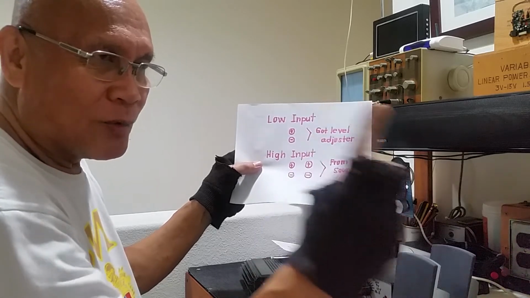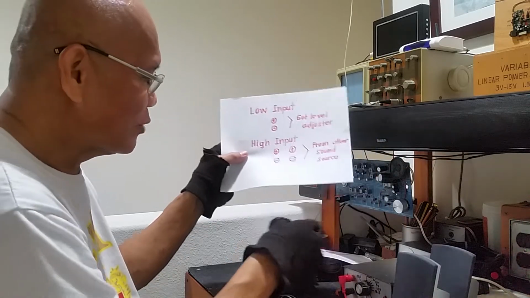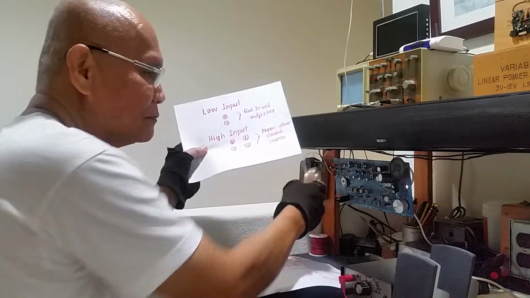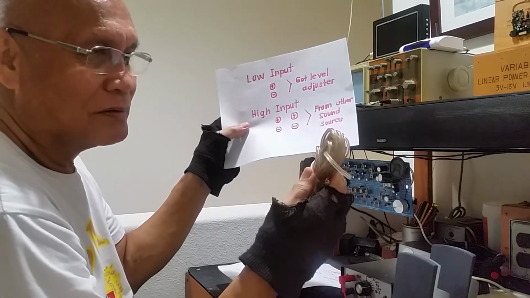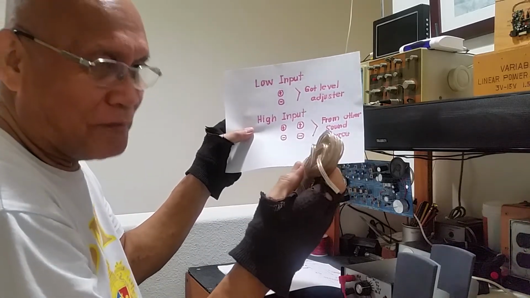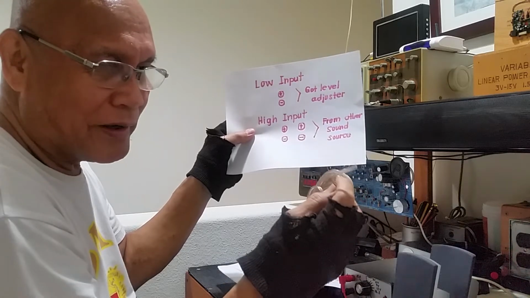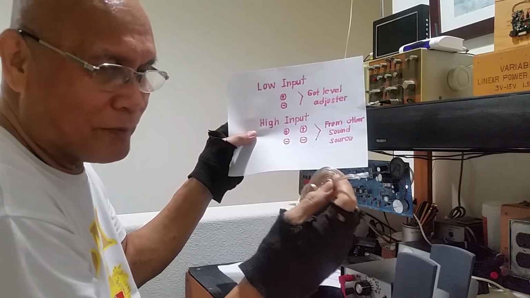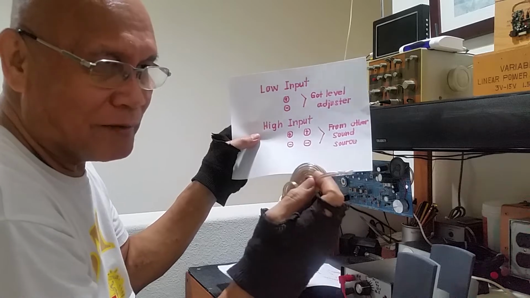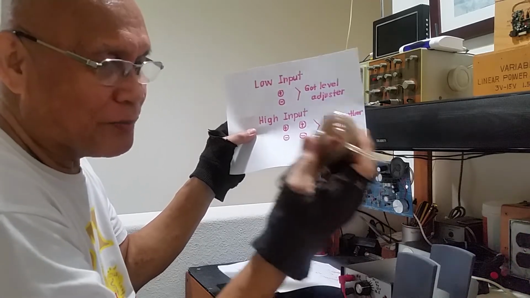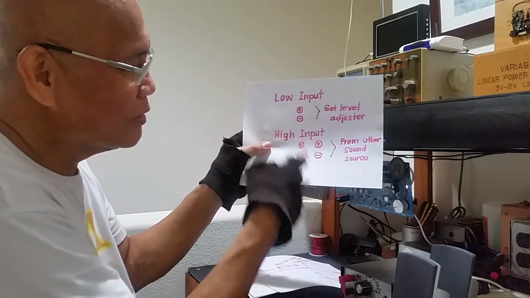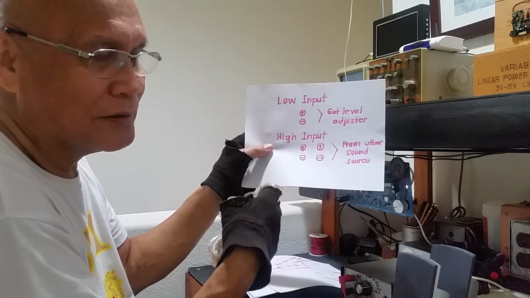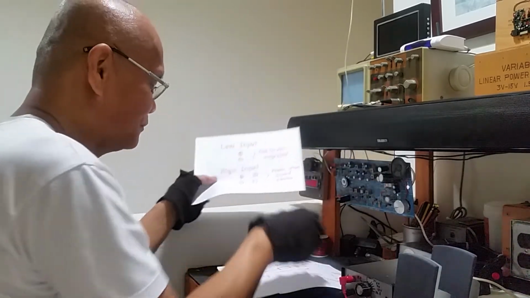The wires used in connecting this one are these. These are speaker wires. The bigger the speaker wire, the more the losses are minimized, so the sound will be better. These are the ones used to connect the high input.